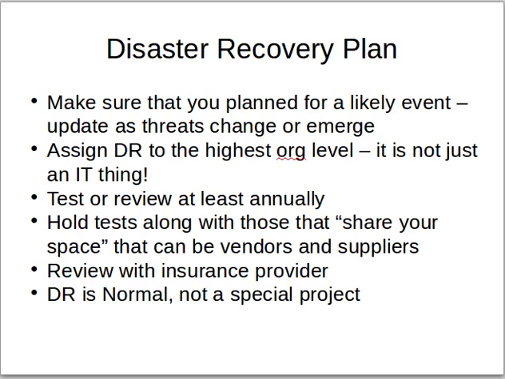I mean, if you live in the middle of a floodplain, it might be a good idea to plan for floods, right? And disaster recovery must come from the highest executive level. It is not IT's responsibility to keep the business running. It is the business's responsibility to plan for keeping the business running.